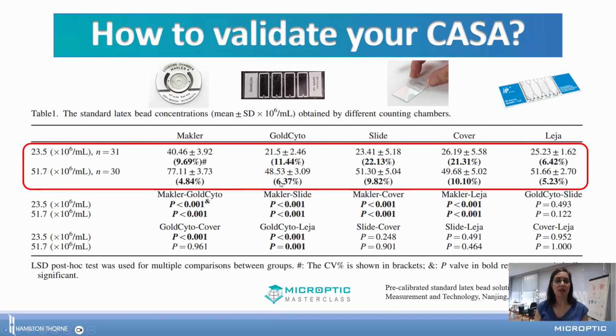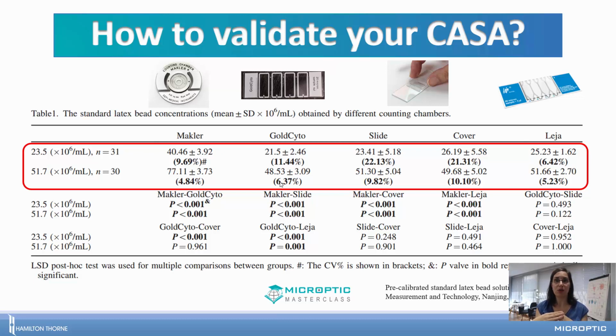For instance, on a QC solution with a concentration of about 23 million per milliliter, with a Makler, an average concentration close to 40 million is obtained. This is close to twice the real concentration of the sample. Okay. Conversely, with the capillarity slides, or maybe with the slide and the cover slip, these results are more accurate.